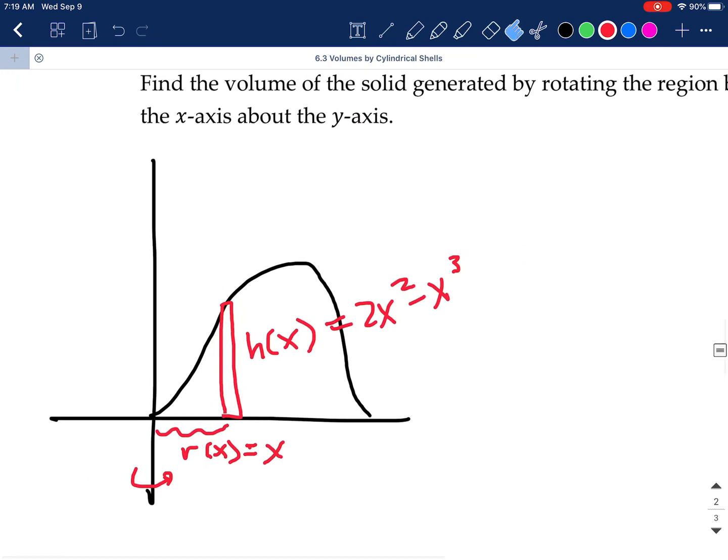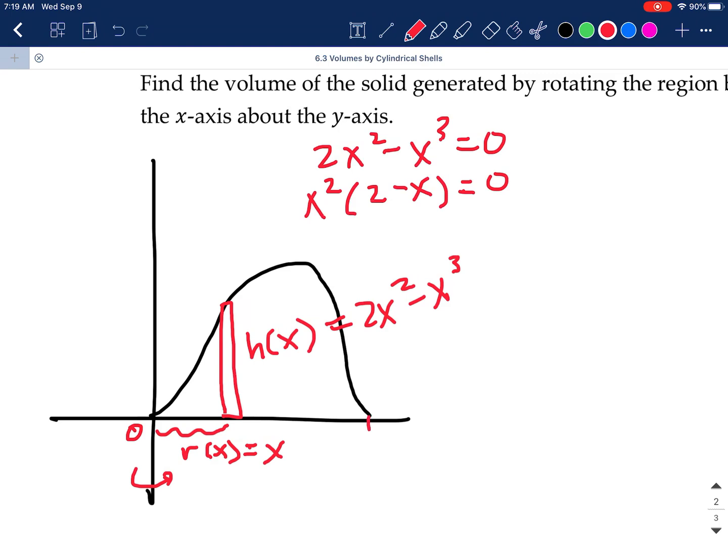So now we just need to figure out how to integrate this along the axis. So we've got 0 there. If we set our equation equal to 0, we'll see that 2 is where we reach the x-axis again.